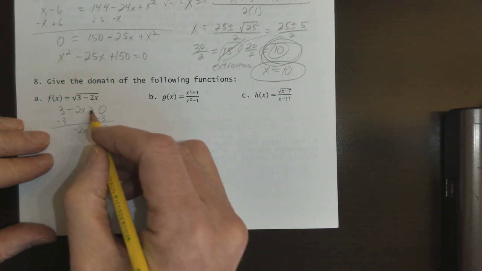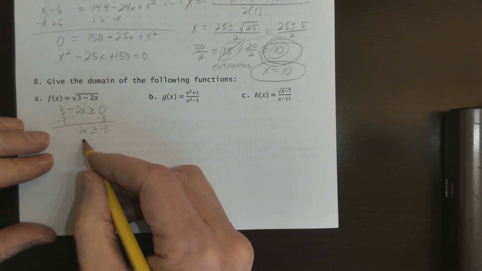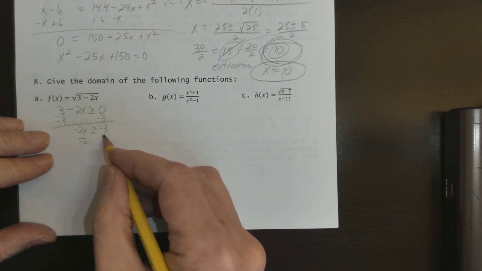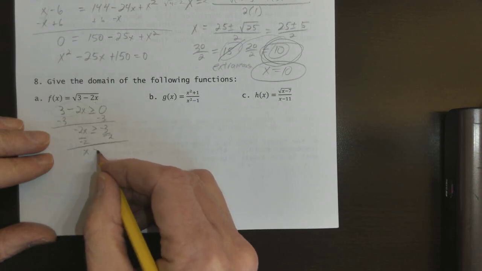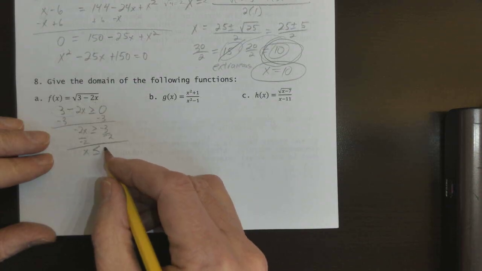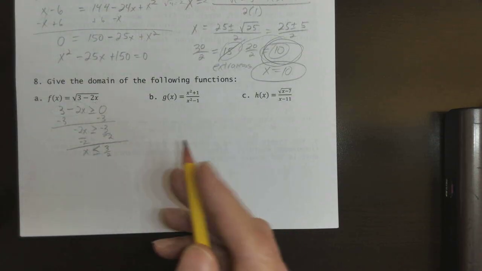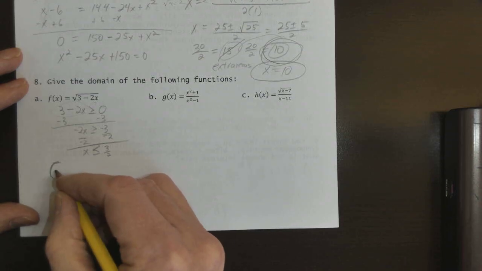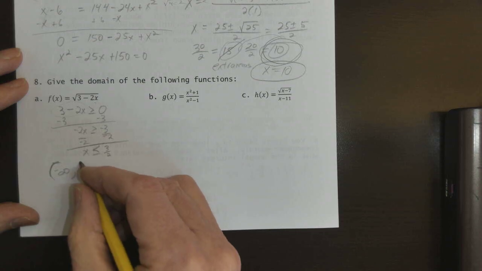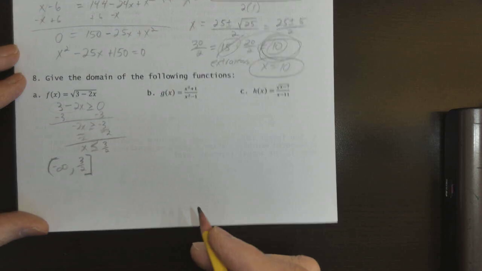And then when I divide by negative 2, I've got to flip this way. x is less than or equal to 3/2. So I'm going to go negative infinity to 3/2, square bracket there.